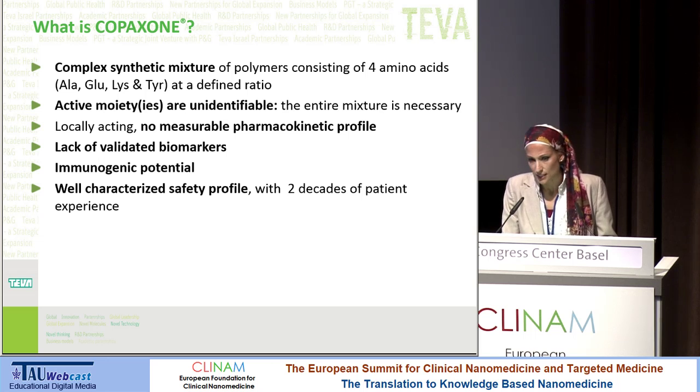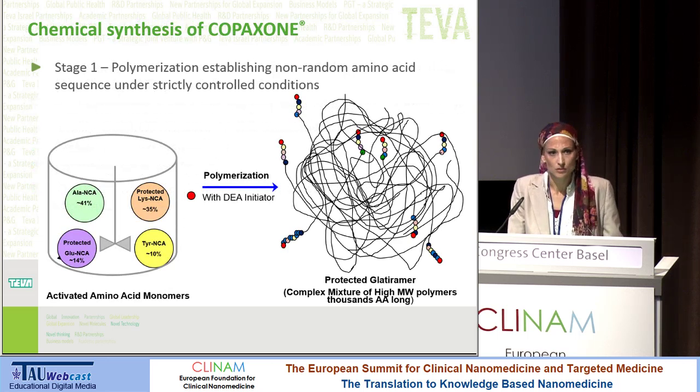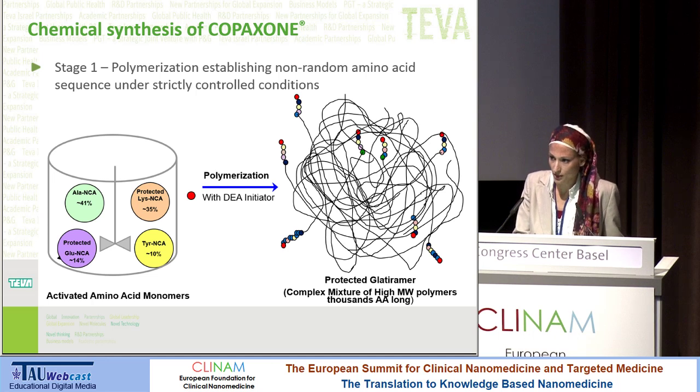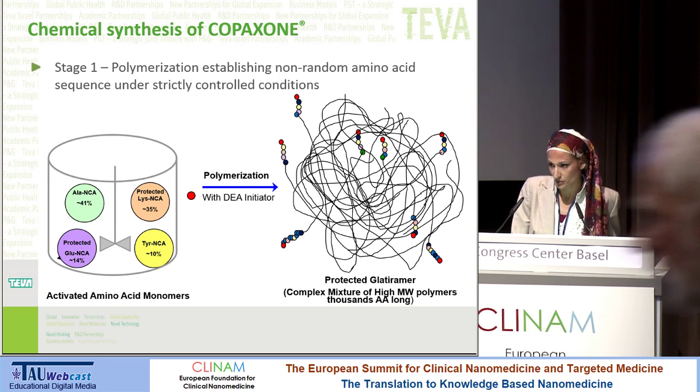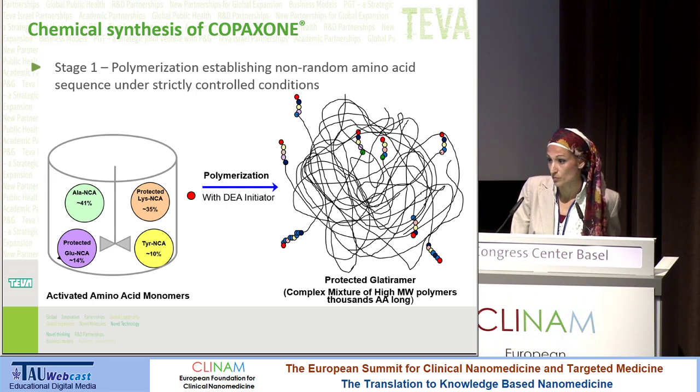And so I'd like to share with you a high level of the synthesis process for Copaxone to describe its compositional complexity. So the first stage includes polymerization under strictly controlled conditions from the 4 activated amino acid monomers, and then the product of that stage is protected glatiramer, which is a high molecular weight polymer of thousands of amino acids long, each with a different sequence, and that is the gemisch of that end product for the polymerization stage.